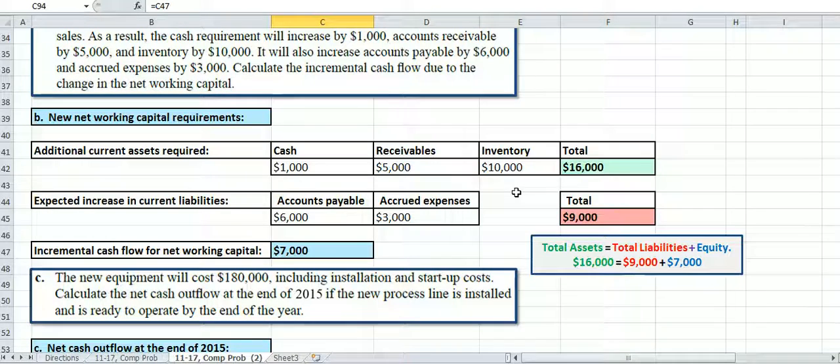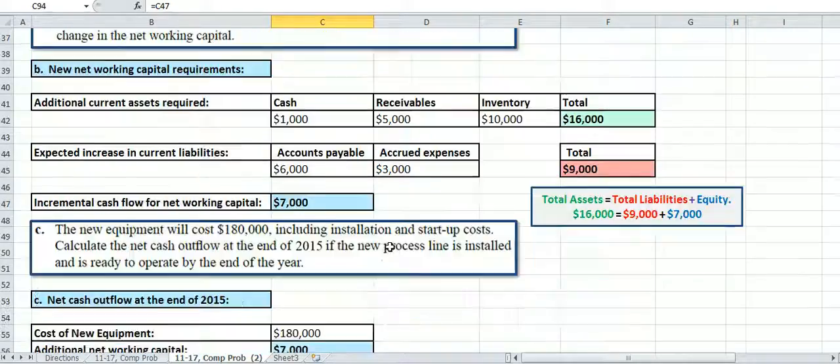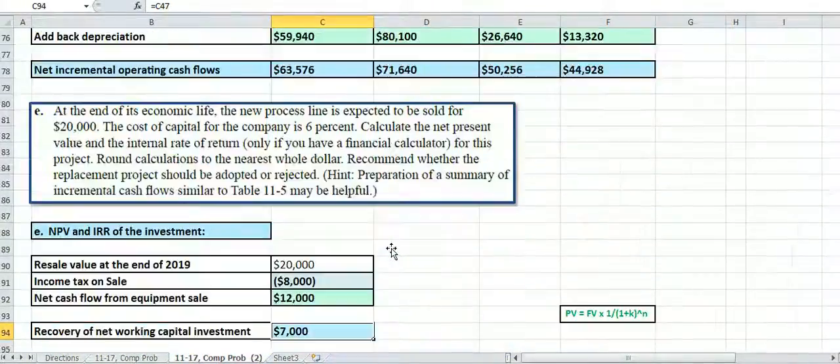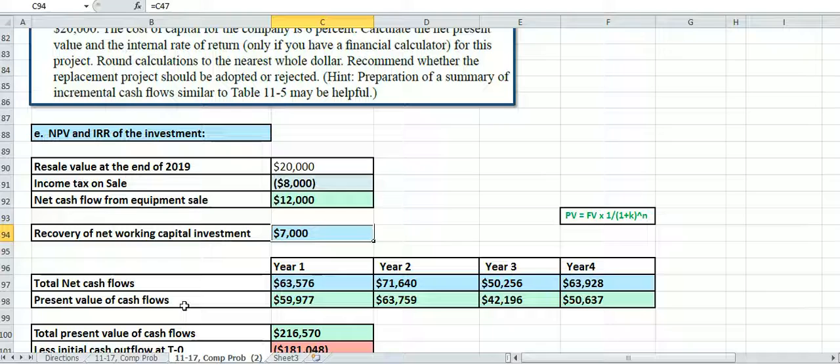And now at the end we're going to sell this back. At the end of the project, anything that we had to buy in order to make this project work, we're going to sell it, and it's called recovering our net working capital. So that gets added back in.